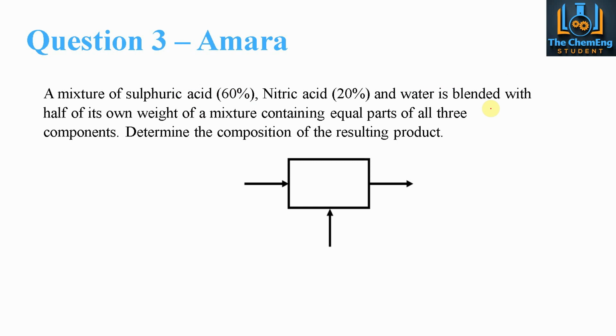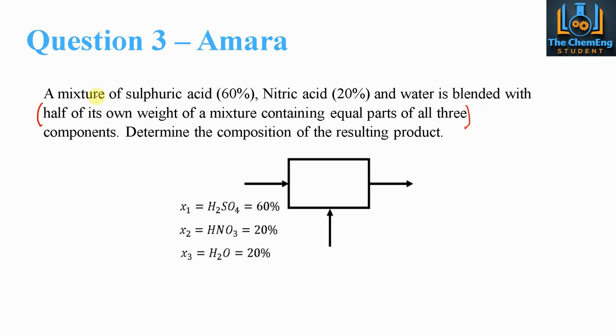And we need to determine the composition of the resultant product. So I think the part that is causing the problem here is probably from this point to this point. That's probably the bit that's causing the problems. But again, let's see how we can deduce a block diagram from this.